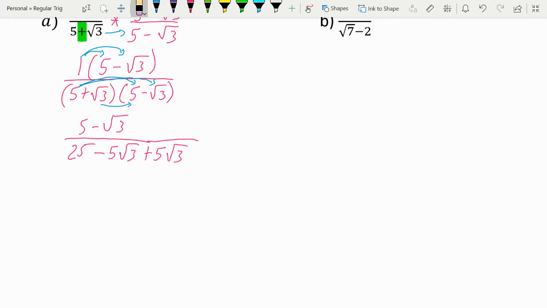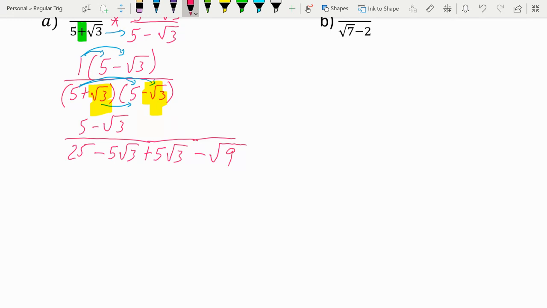And then last step, I'm going to do the square root of 3 times the negative square root of 3. Because both of those are underneath a radical, I can multiply those together. I had a positive and a negative, so it's going to give me negative. The square root of 3 times the square root of 3 is the square root of 9.